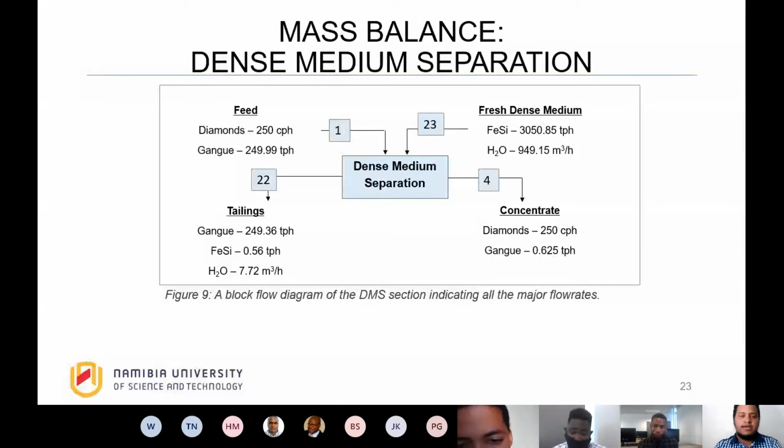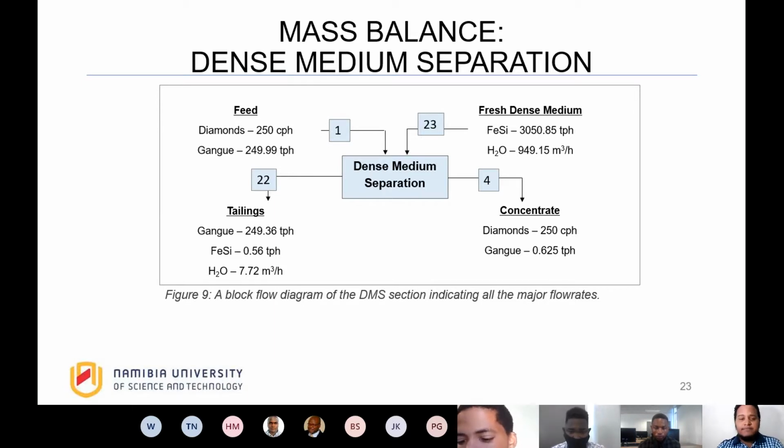So basically, due to the 1 carat per ton grade, we can see that there are 250 carats per ton of diamonds in our feed, and that gives us a flow rate of 250 carats per hour. Our fresh medium, which is our FeSi, is added at a feed rate of 3,050 tons per hour, with a water volumetric flow rate of about 950 cubic meters per hour.